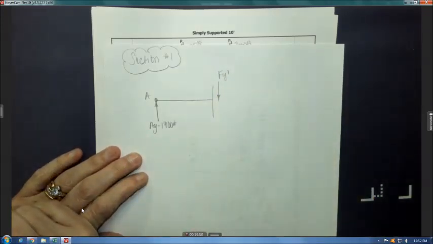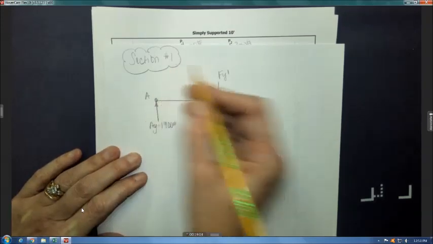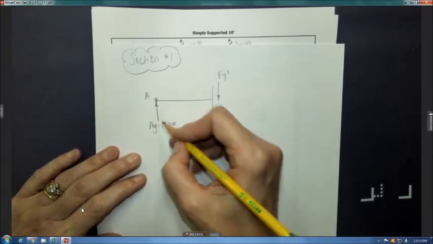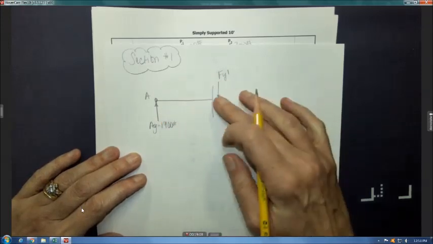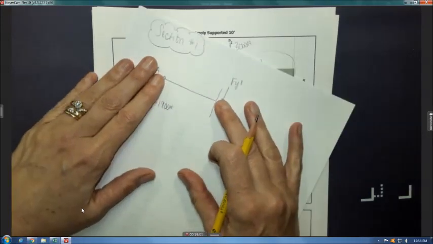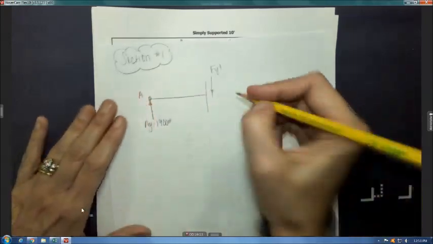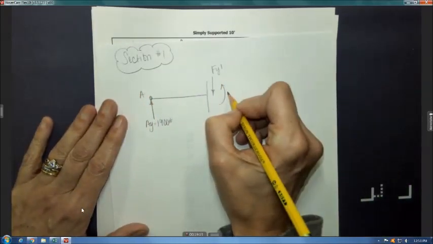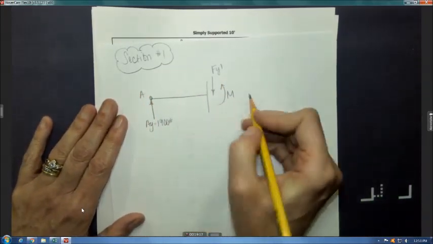So it's the Y directed internal force for shear at section 1. And then I'm going to have a moment. If I hold this, it's going to want to rotate clockwise, so my moment internally is going to want to go counterclockwise. So I'm going to call that moment number 1.